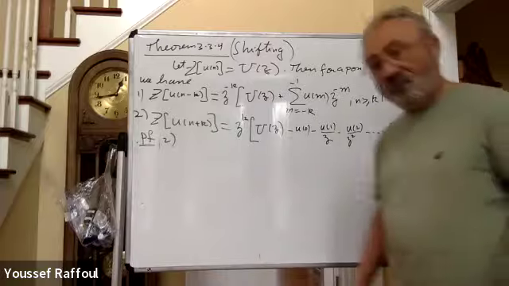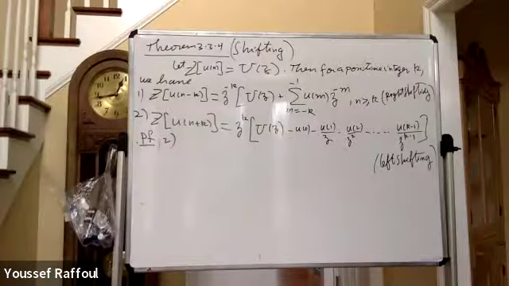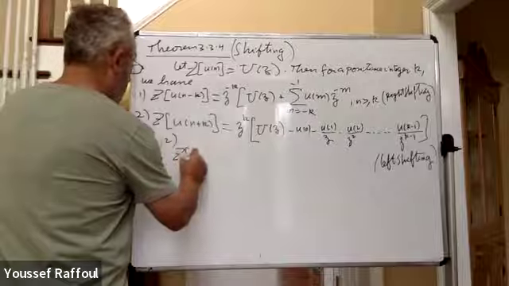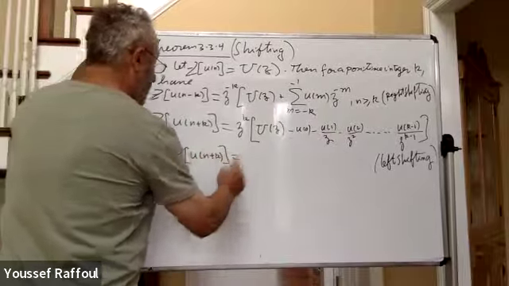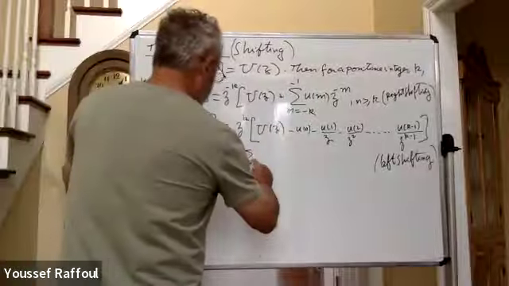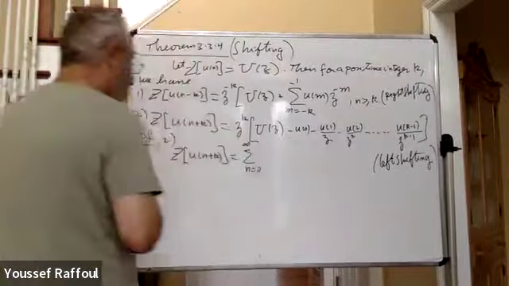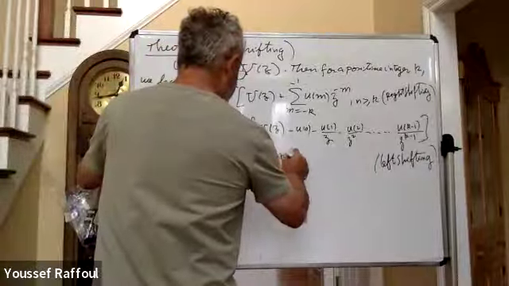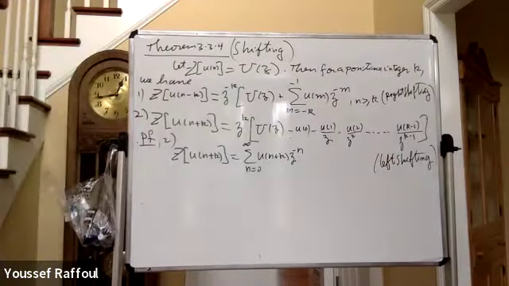All right. Let's come back here. So Z of u_(n+k) is, let's use the definition, sum n equals 0 to infinity of u_(n+k) z^(-n). Okay.